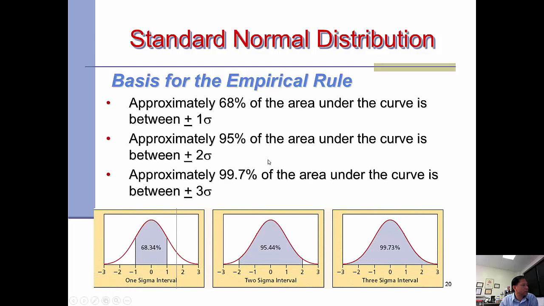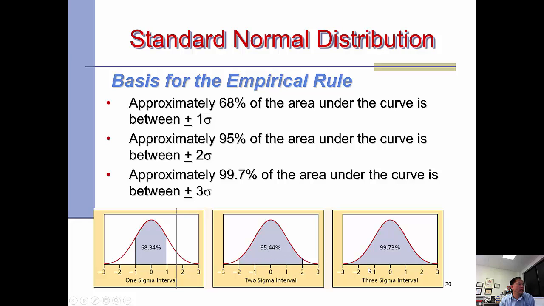Now let's revisit our empirical rule. The empirical rule says that about 68% of the area under the curve is within 1 sigma, from here to here, 68.34%. Approximately 95% of the area is within 2 sigma, from minus 2 to plus 2, which is 95.44. We know between minus and plus 1.96 is exactly 95%, but between minus 2 and plus 2 is 95.44.